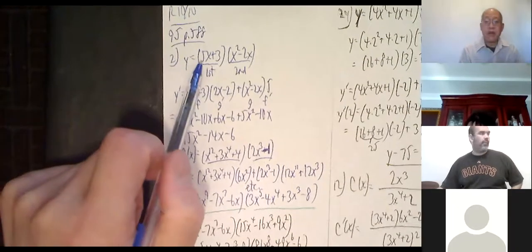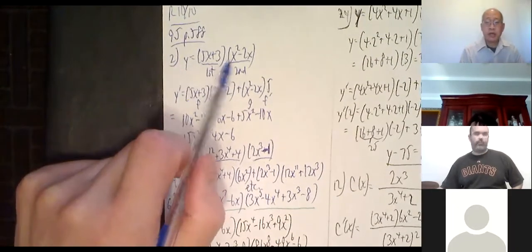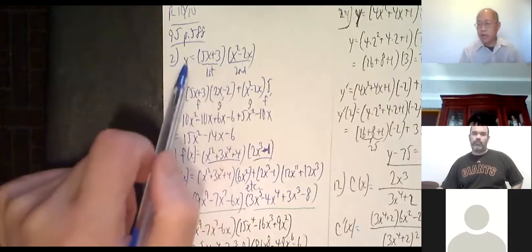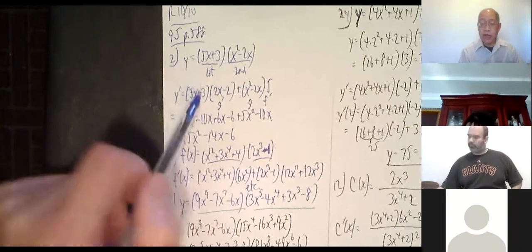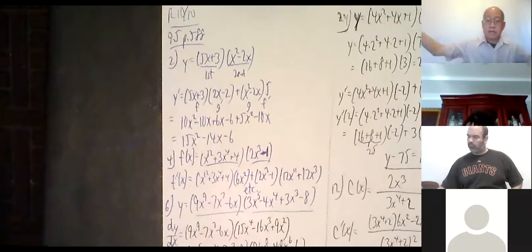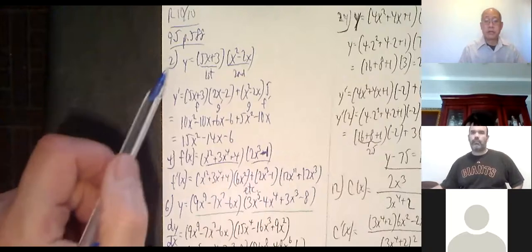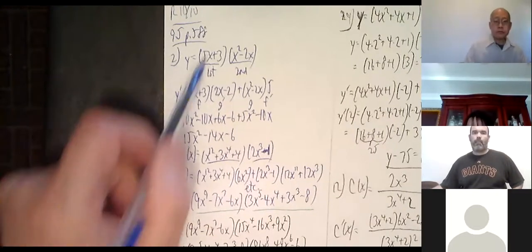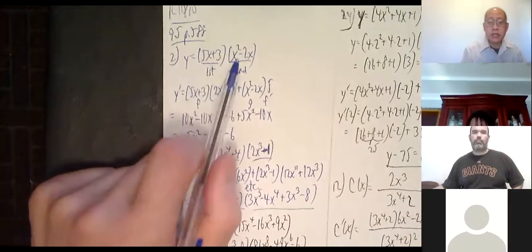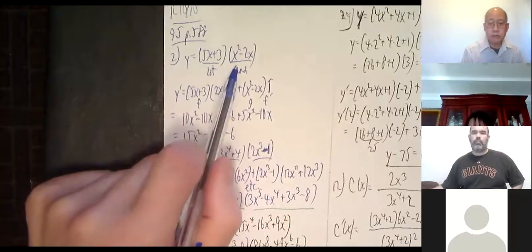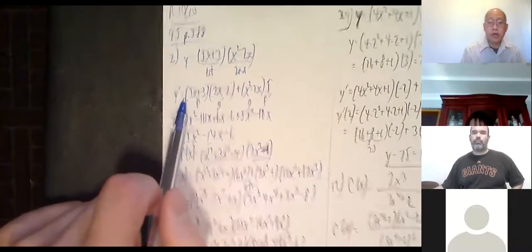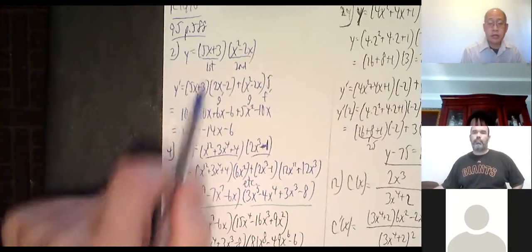Okay, so y equals 5x plus 3 times x squared minus 2x. After all, a lot of teachers lecture without giving you any of the problems in the book. So that's what I'm doing overall. First function, second function. You copy the first function. I call that f.